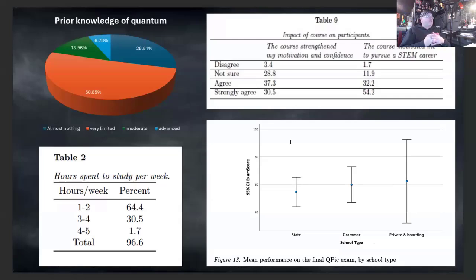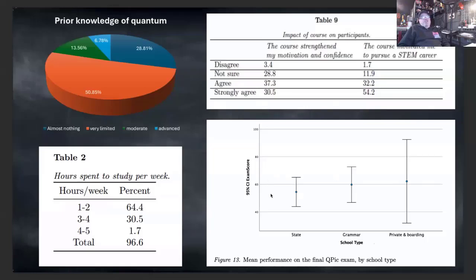Some of the results we saw: on the left of this graph, you see that very few knew anything about quantum when they started the course. Another beautiful result is this table. The majority of people said that the course strengthened their motivation and confidence and motivated them to pursue a STEM career, a big majority said that.